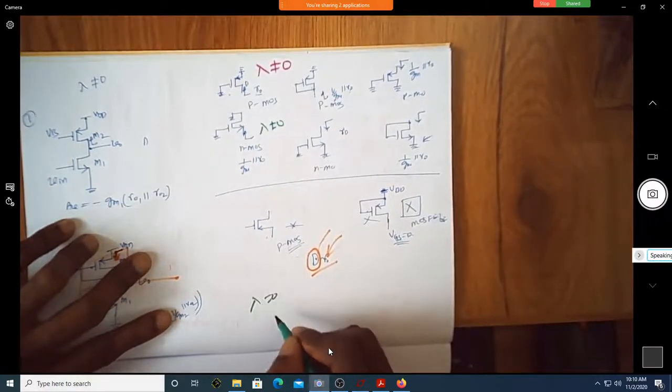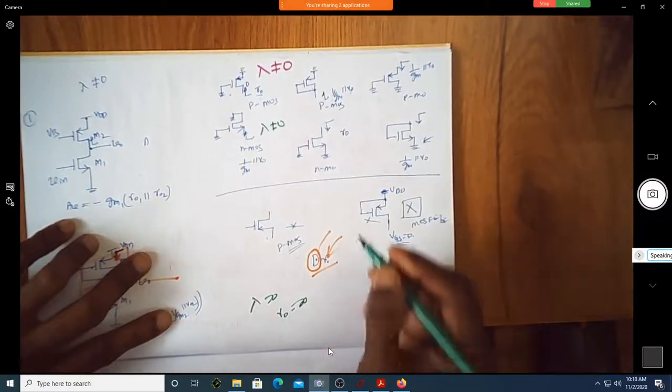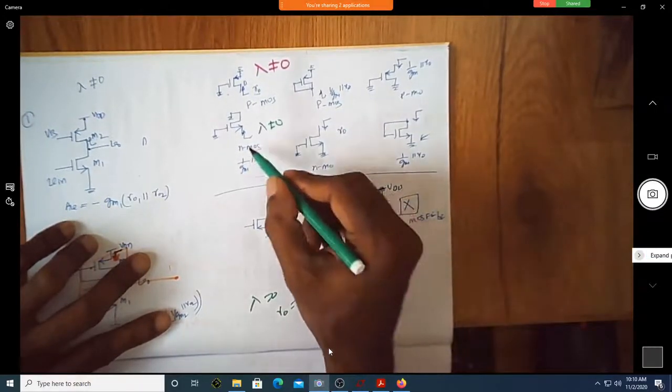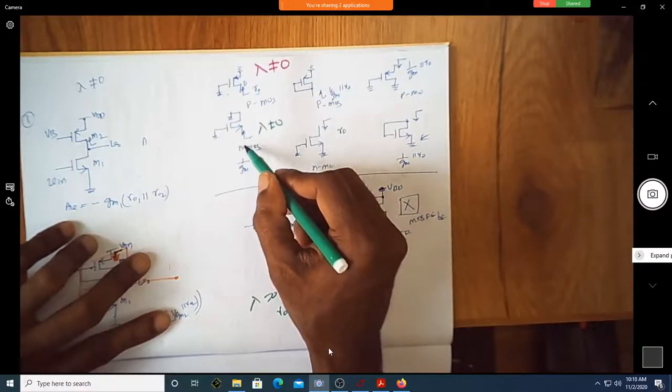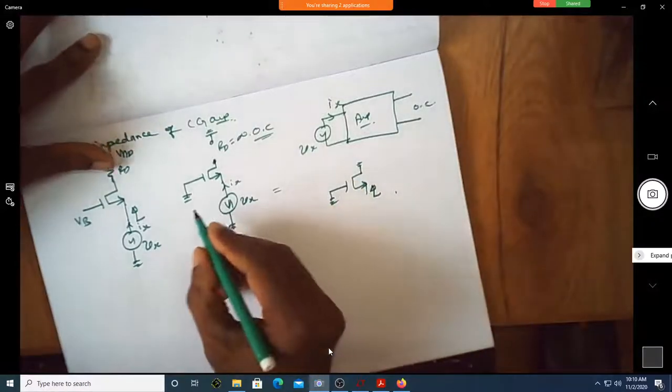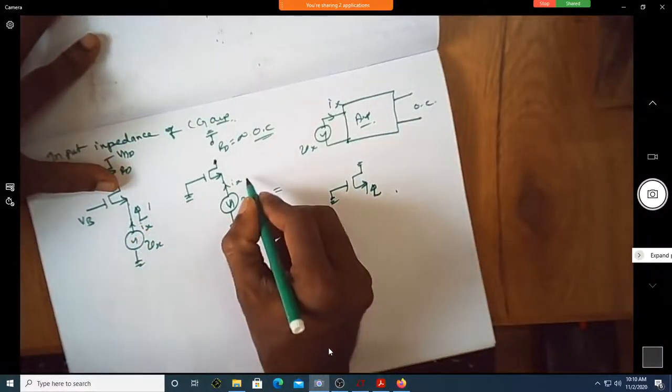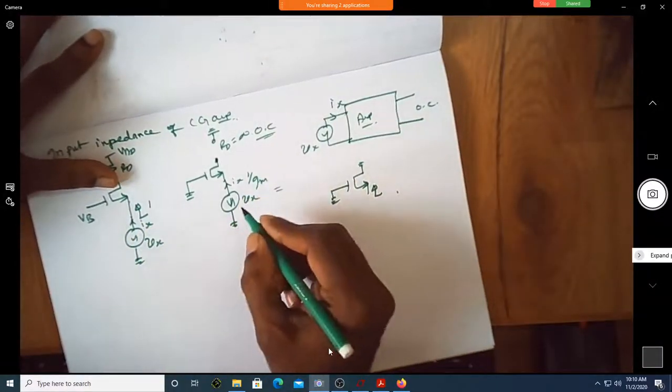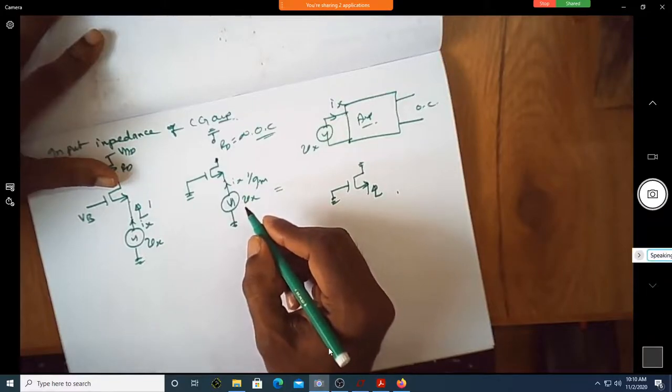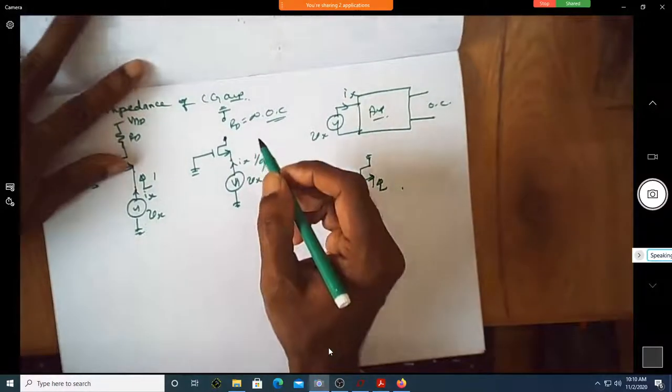If lambda is 0, r naught is infinity. So, looking into the source, the resistance is 1 over gm.